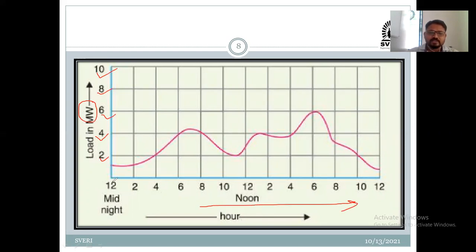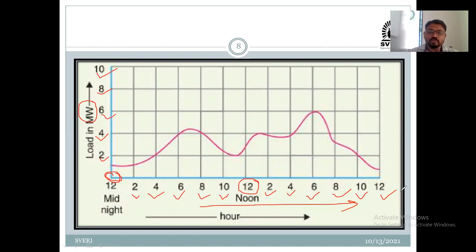Means this is the midnight 12, or you can say 12 a.m. Then 2 a.m., 4 a.m., 6 a.m., 8 a.m., 10 a.m. and this is 12 noon, meaning 12 in the afternoon. After that 2 p.m., 4 p.m., 6 p.m., 8 p.m., 10 p.m. and 12 midnight we have taken.